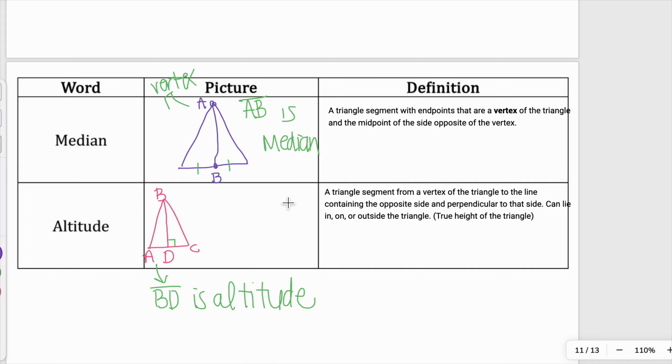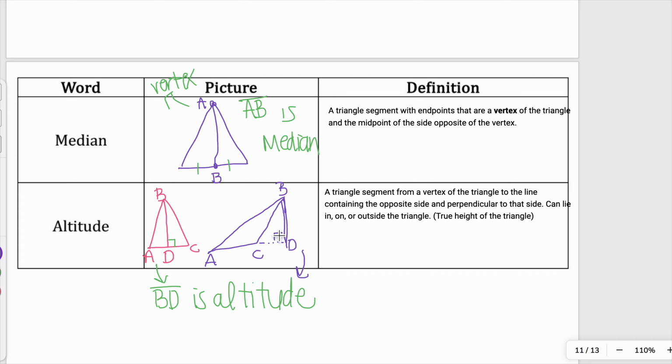And then you can also have an altitude that looks like this. A, B, C, and then D. BD is still the altitude because it's showing the true height of the triangle.